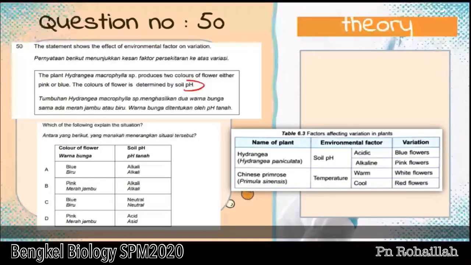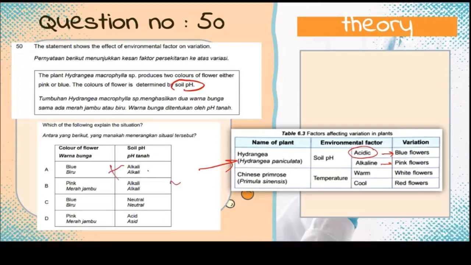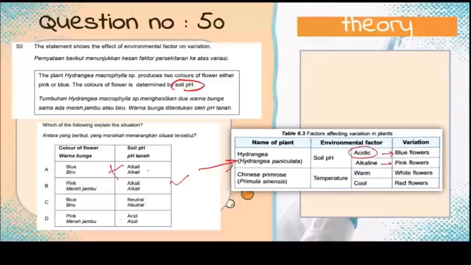Look here, soil pH. Acidic will cause blue flower, alkaline will cause pink flower. So A is wrong, alkaline should be pink. Neutral, there is none. Acid should be blue. So the answer is B.